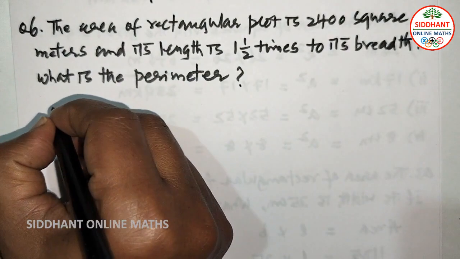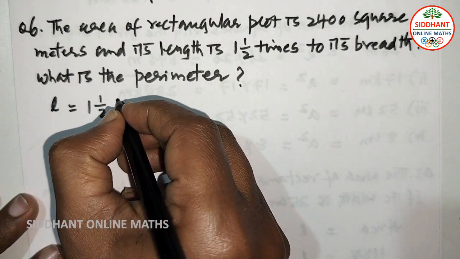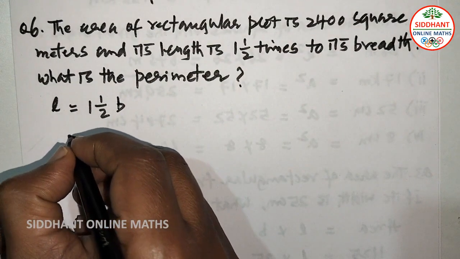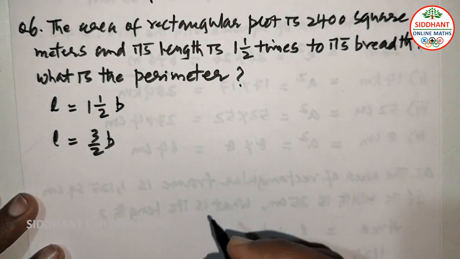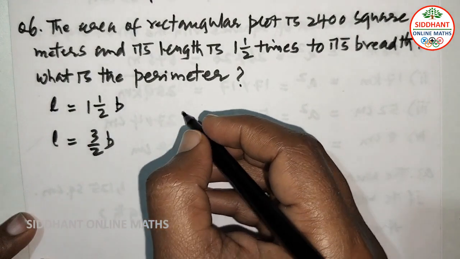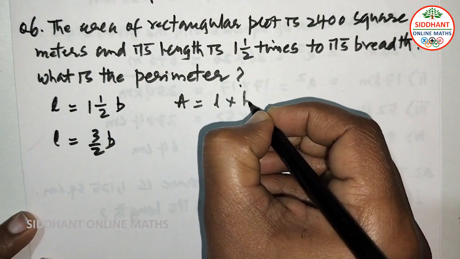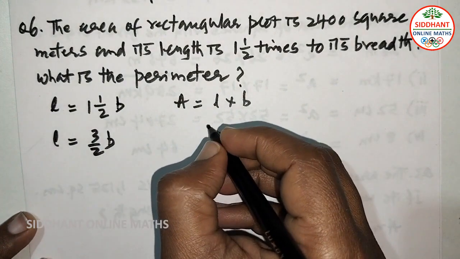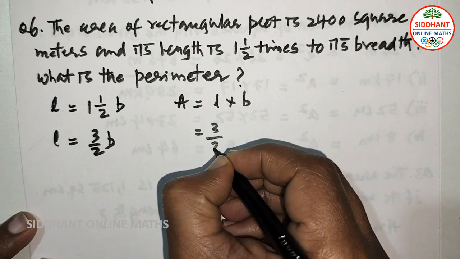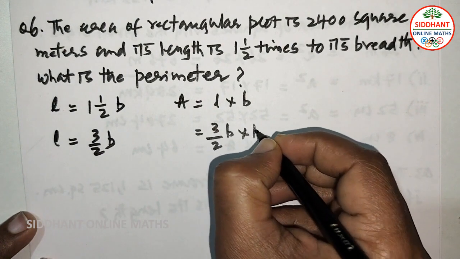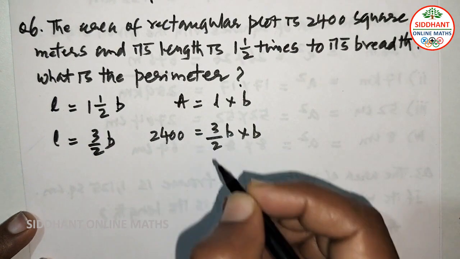So given data L is equal to 1.5 times of breadth, so that will be L is equal to 3 by 2 B here. So we know that area of rectangle, so area is equal to length into breadth, and L is equal to 3 by 2 B, so that will be 3 by 2 B into B, and area is given, that is equal to 2400.